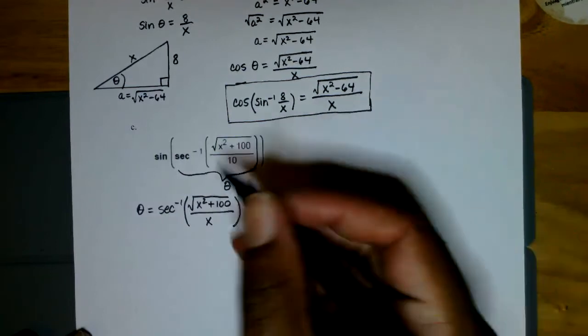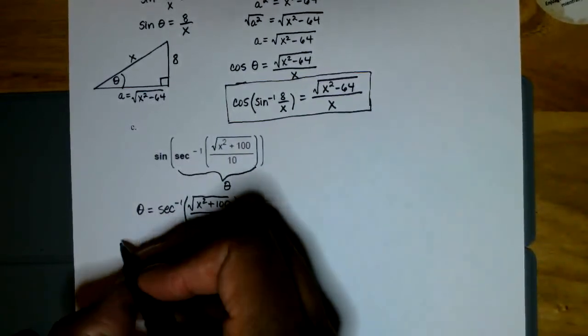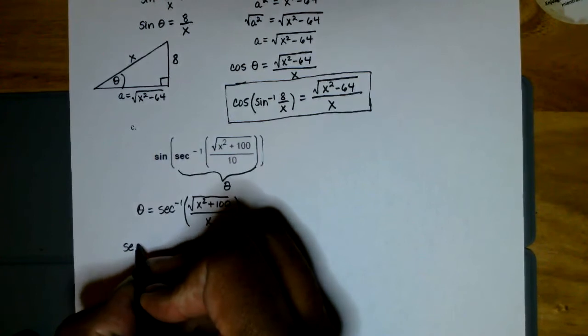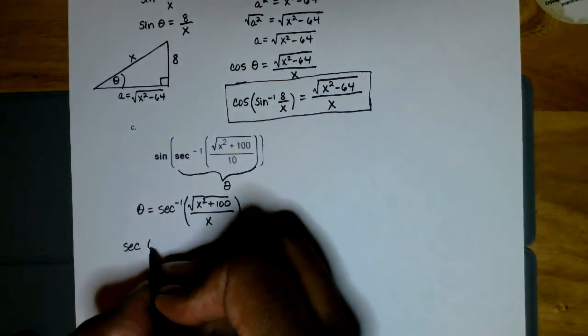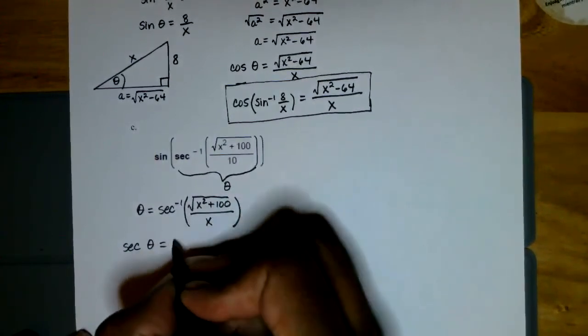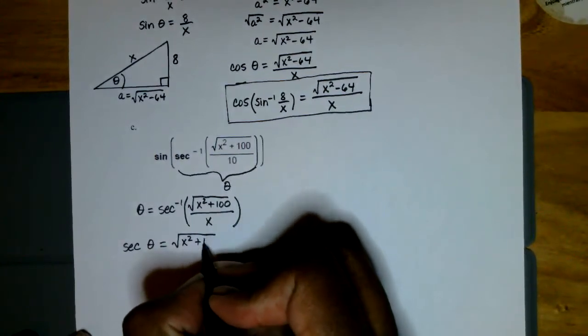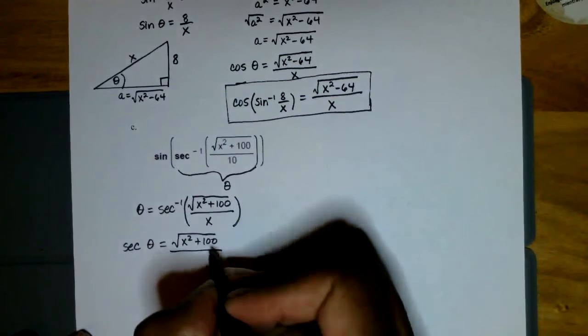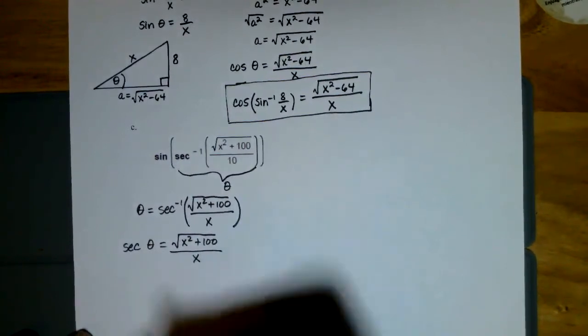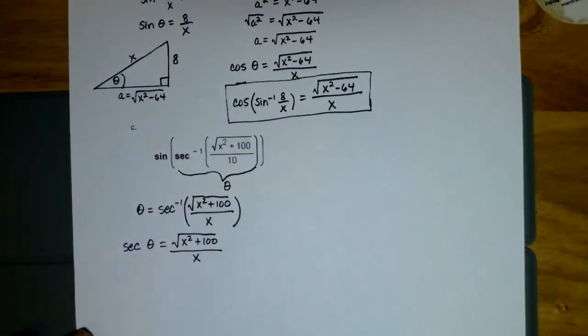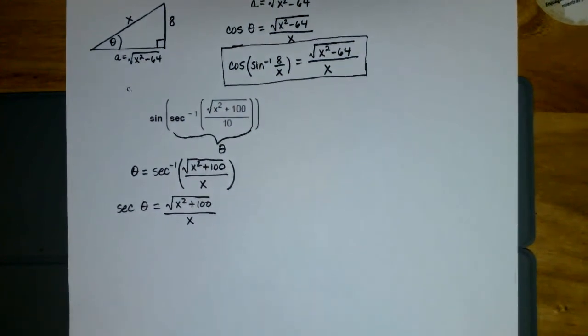Now, I need to find out what the angle theta is so that the secant of theta will be equal to this, the square root of x squared plus 100 divided by x. And now we're going to create a right triangle from this.